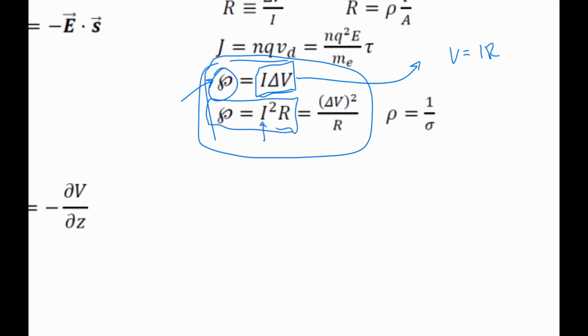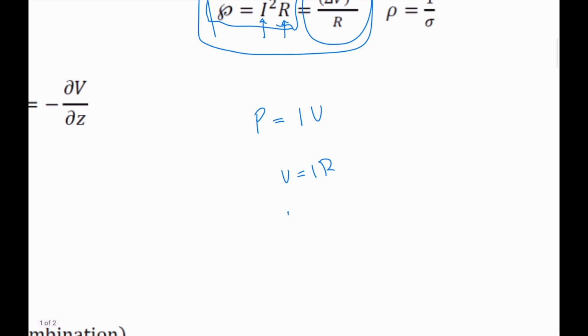Either you have the current and the resistance of the circuit you're looking at, or you have the current and the voltage. And here is another way of rewriting it. If you take the first equation, P equals IV, you can use V equals IR, and calculate I by dividing by R on both sides.